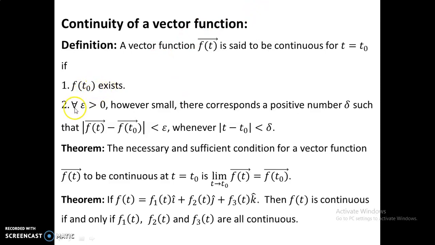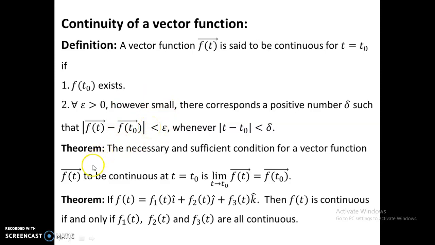And second, for every epsilon greater than 0, however small, there corresponds a positive number delta, which always depends on epsilon, such that the magnitude of f of t minus f of t naught is very small whenever the distance between t and t naught is less than delta. That is the continuity definition of a vector function.